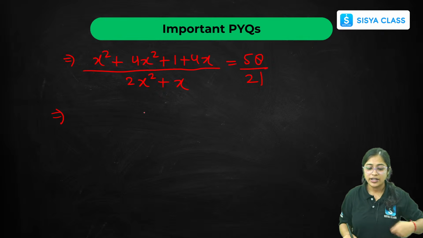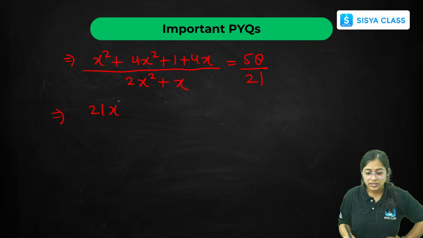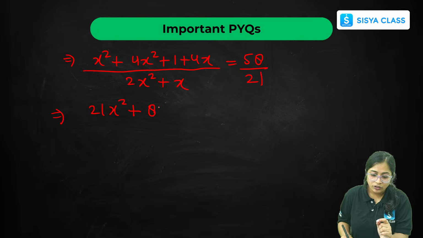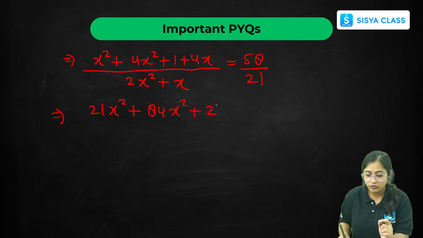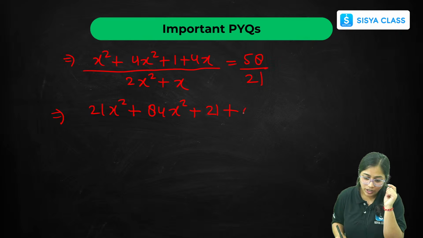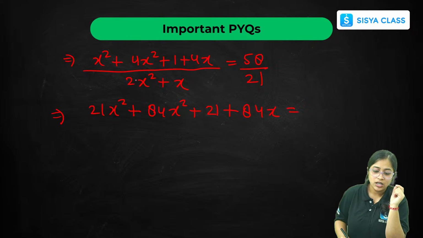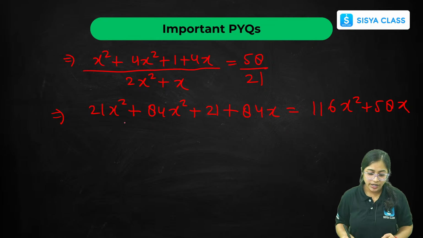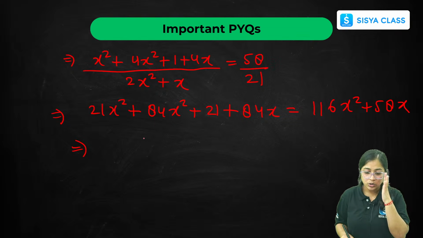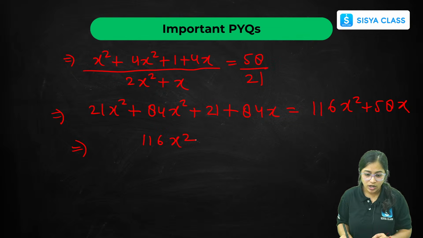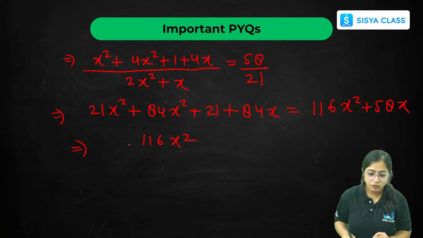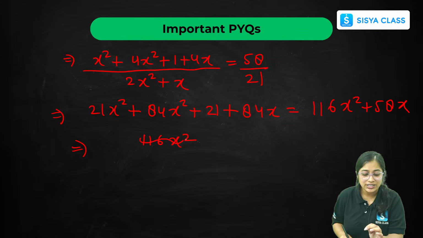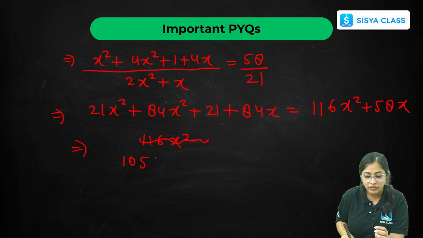Now just simplify it. So what will you get? Here you have 21x square plus 84x square plus 21 plus 84x, equal to 116x square plus 58x. First add these: you will get 105x square, because you have 21x square and 84x square.